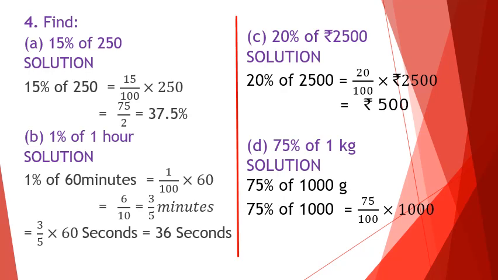So the denominator becomes 1, and the numerator becomes 75 into 10, equal to 750 gram. If we convert it into kilogram, you divide by 1000. Division by 1000 means remove 3 digits from the right side and put the decimal point. So we get 0.750 kg, or we can write it as 0.75 kg.